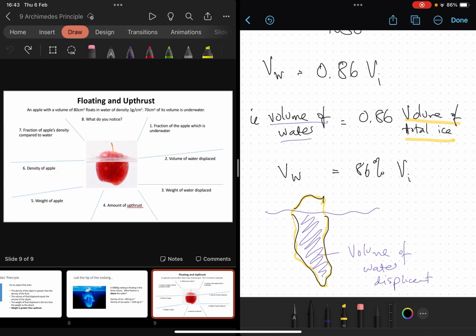Okay. So here is a more broken down question that you might want to have a little go at. So do it in numerical order, and you should work out in this instance what volume of the apple now is below and above the water. Okay, so you're going to do exactly the same kind of thinking as we did for the iceberg for this example here.